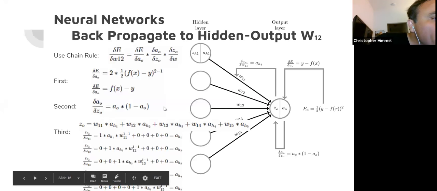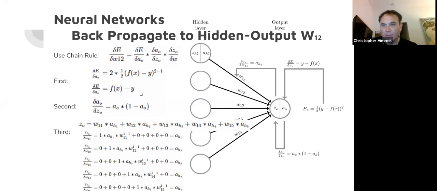All right, so what are all of these values? Basically what we're doing is going from this error, looking at each piece back to the W. The error came from the A0, which came from the Z0, and Z0 came from the AH1 through the W1 to the Z0, okay?